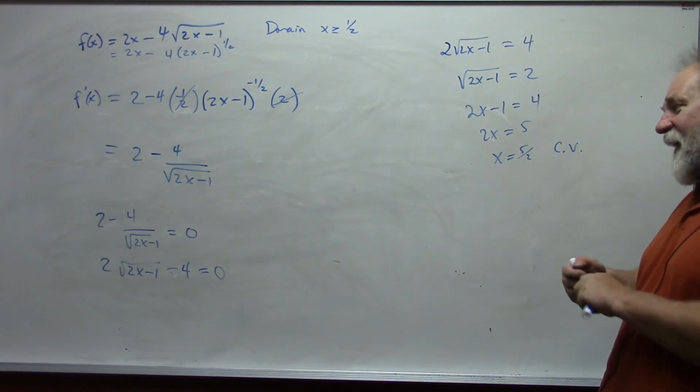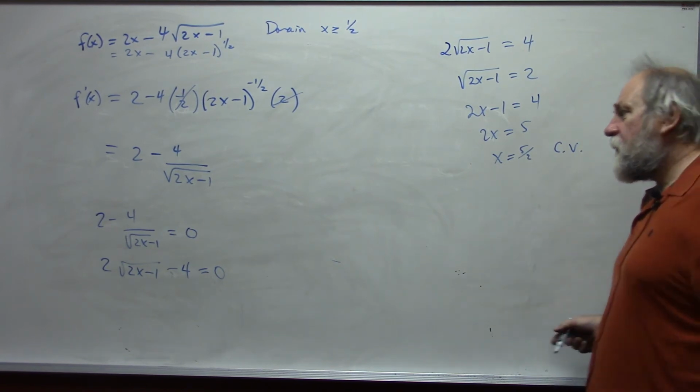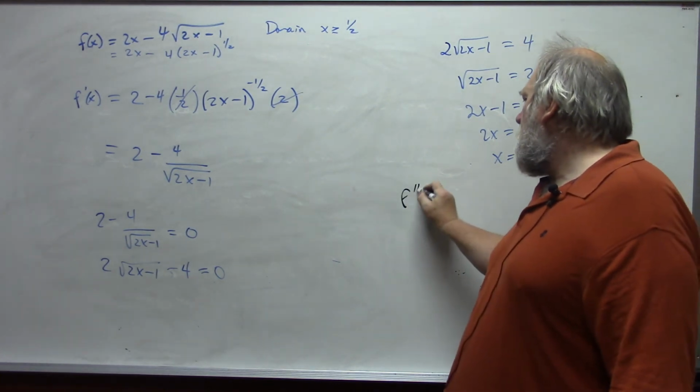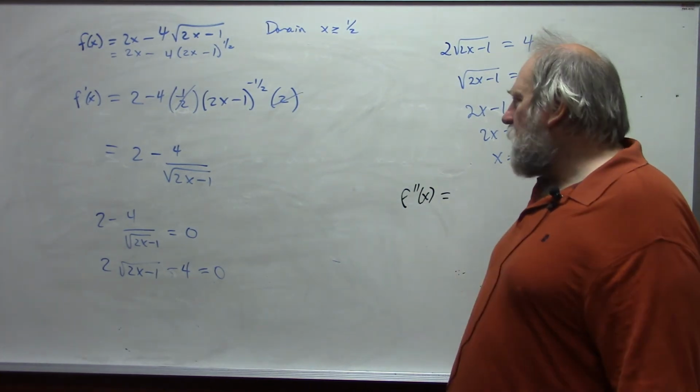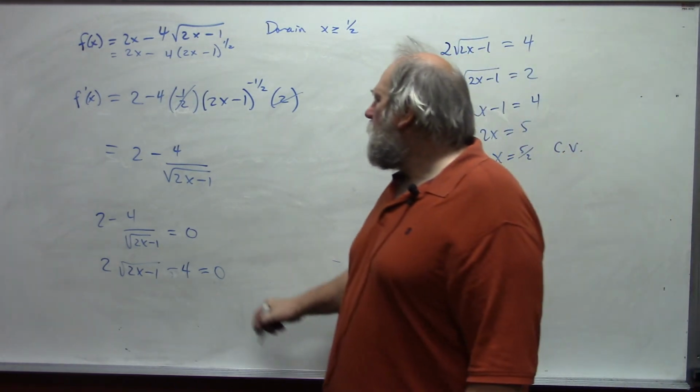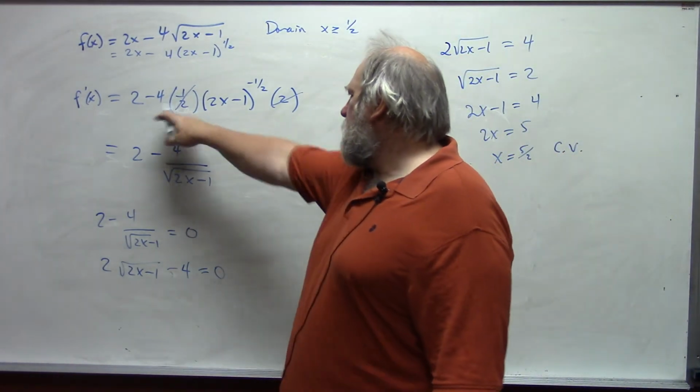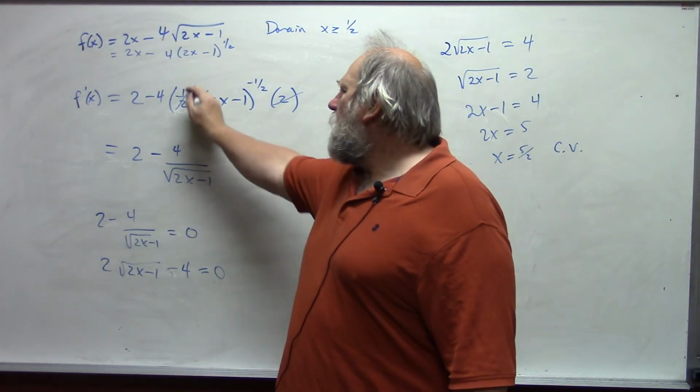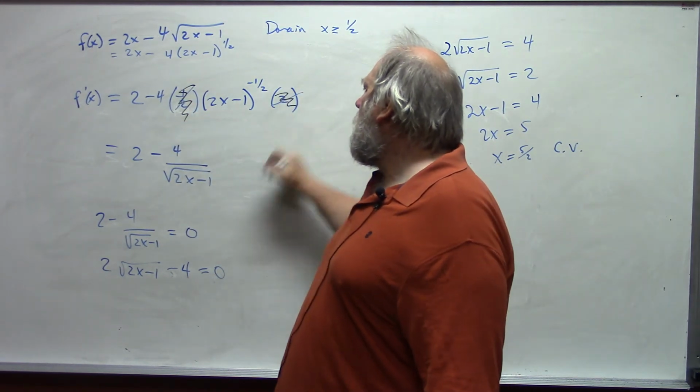So now we need to figure out what happens at this value. And I want to use the second derivative test, which means I need the second derivative, f double prime of x. The derivative of 2 is 0. I'm going to use this form here. Just get rid of these completely.